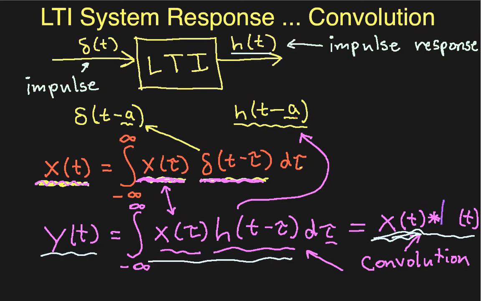So the output y is given by the convolution of the input and the impulse response. What this says is, if I know the impulse response of a system, then I can figure out the output of the system for any given input by just working the convolution integral. That's the good news.